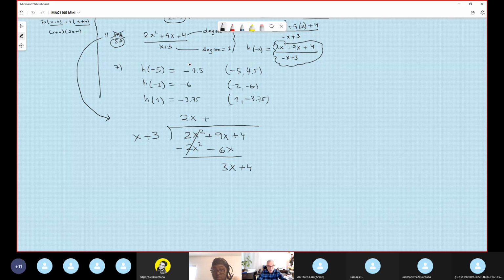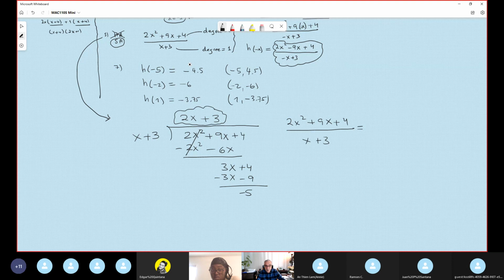We need to continue, so plus 3. 3 times x is 3x. Subtracting, change the sign. And 3 times 3 is 9, subtracting, change the sign, and -5. Stop here. Now I know that our expression 2x squared plus 9x plus 4 divided by x plus 3 is equal to 2x plus 3 plus the remainder. By the way, 2x plus 3 is the slant asymptote equation.